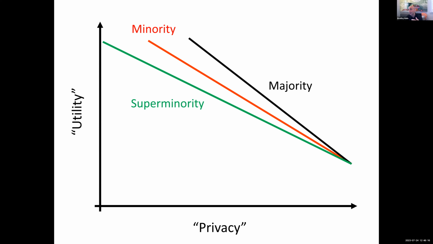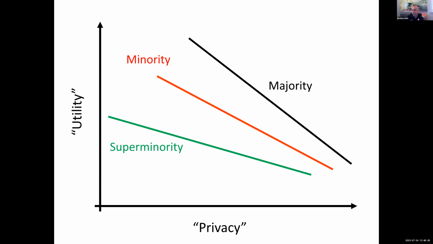You think of a minority population in the United States as like a Black population, or a super minority as like a Native American population. I kind of wish this was the case, but it's really more along these lines, and that there's not sufficient data on these smaller populations. And as a result, their initial opportunity for utility is actually starting at a lower point.